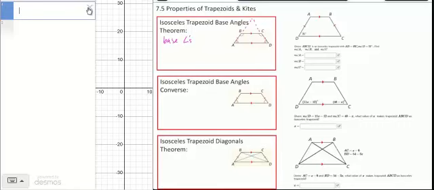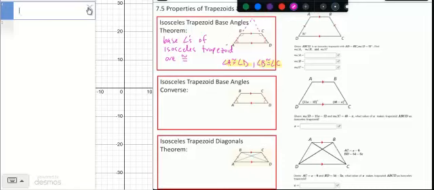So if you have an isosceles trapezoid, the base angles are congruent. Here, angle A is congruent to angle D, and because of same side interior angles, angle B and angle C would also be congruent. Both of those pairs of relationships would exist.